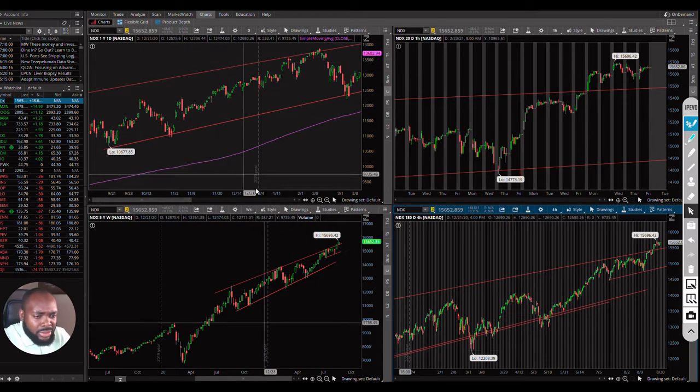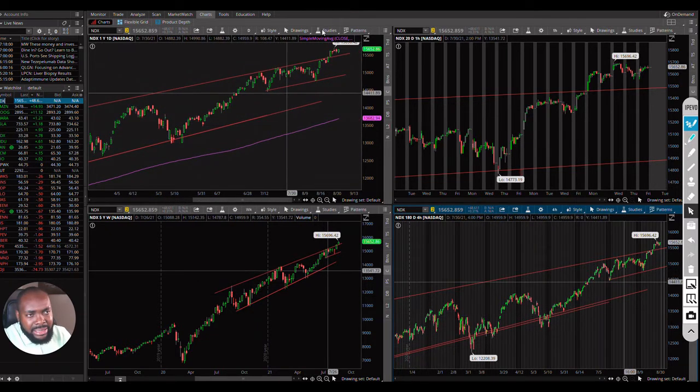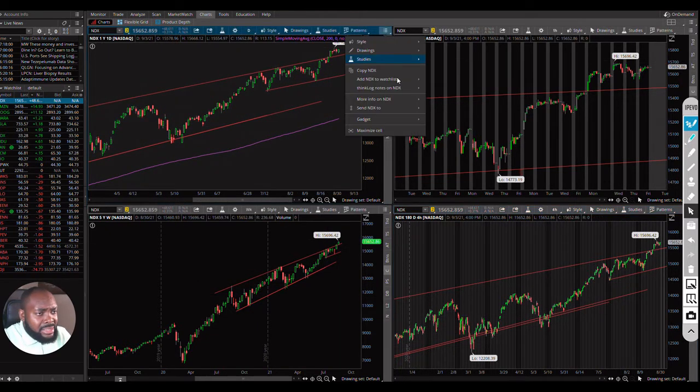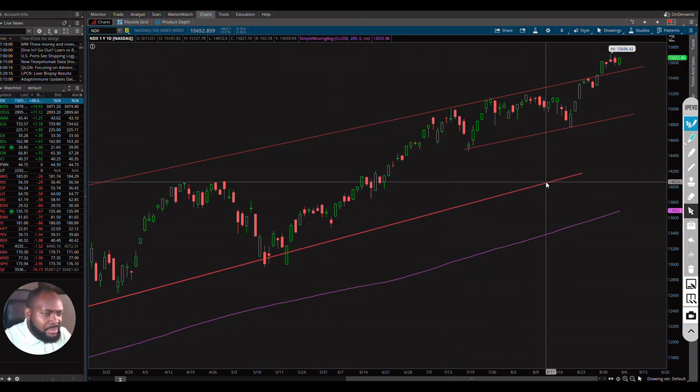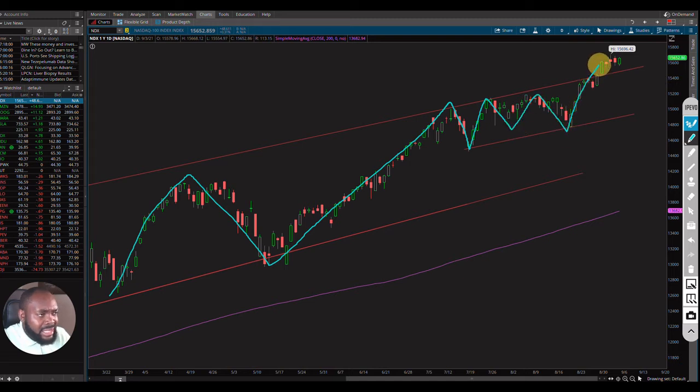All right, so let's move on over to NDX. The NDX was looking pretty good last week, guys. I have to maximize this so that you can see. So this is what I'm anticipating is going to happen with SPX. All right, so same thing. SPY had moved up into this small channel within the channel, and we see this is NDX.